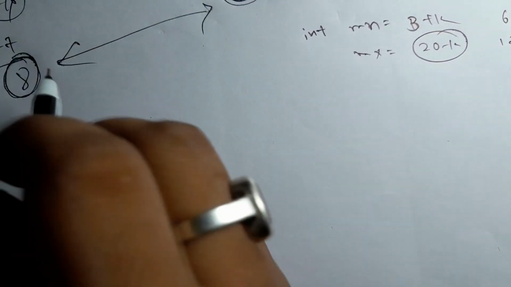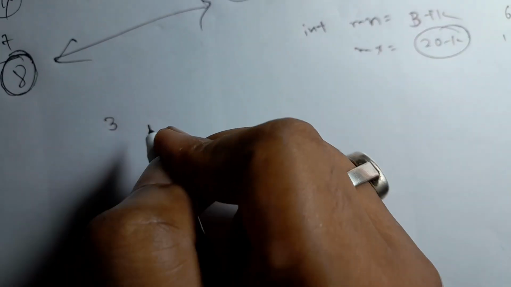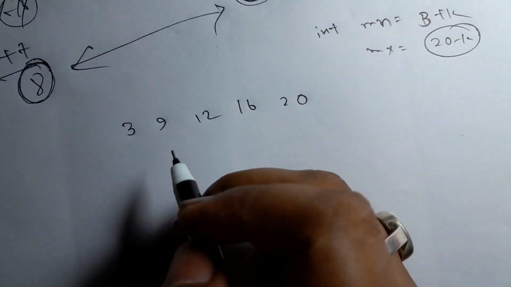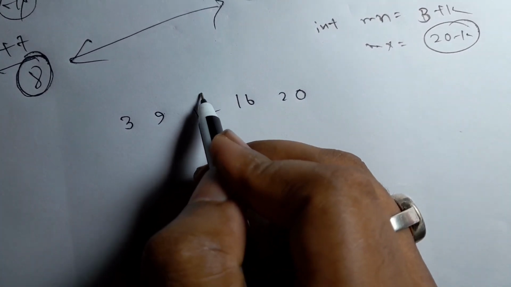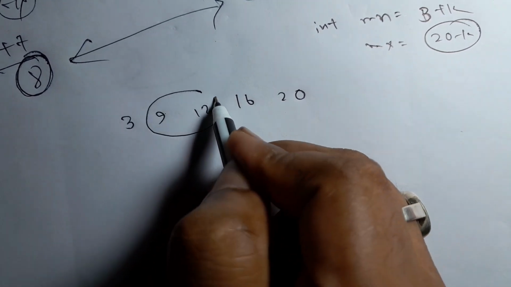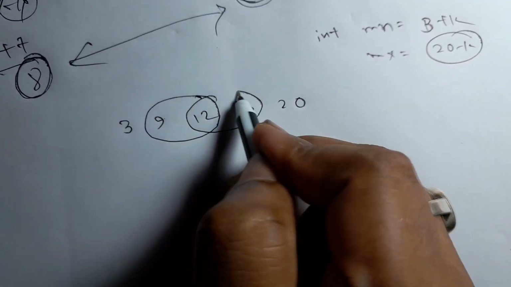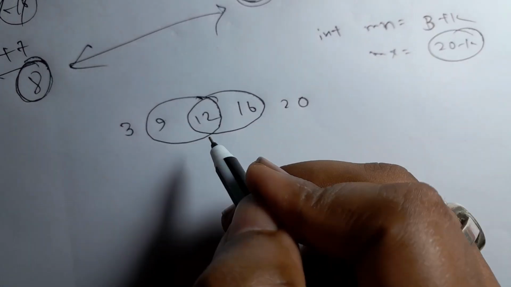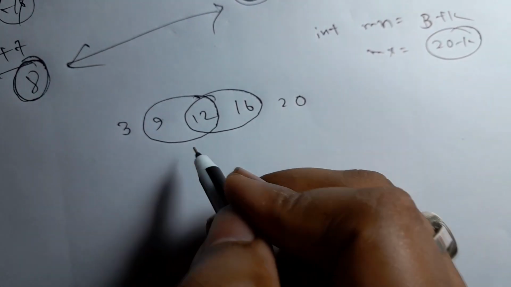Now we'll iterate through the array and check every adjacent element. How will we check every adjacent element?